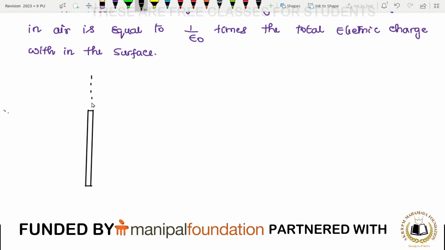That's why I put a dotted line like this, meaning it is going to continue. Now it is positively charged, and I'll mention the charge inside so that you can see that properly.